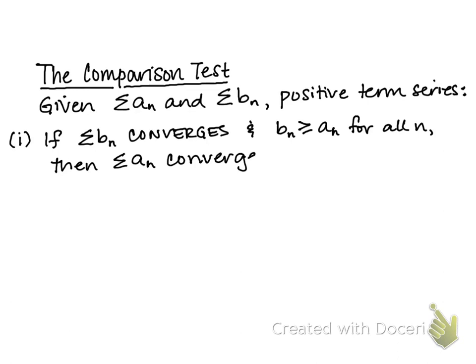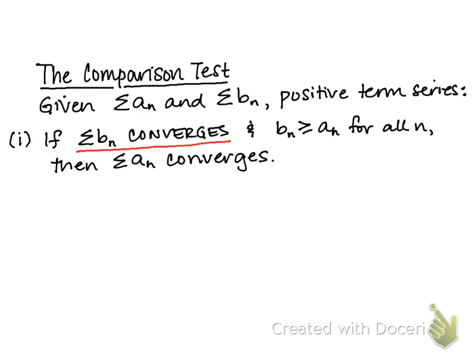And this just makes logical sense. You have a series that you know converges. So if I add up all the terms in the series of b sub n, they converge. Well, then if I have another series where all of the terms in this series are smaller than the terms in that series, well, then it obviously makes sense then that this series must also converge.